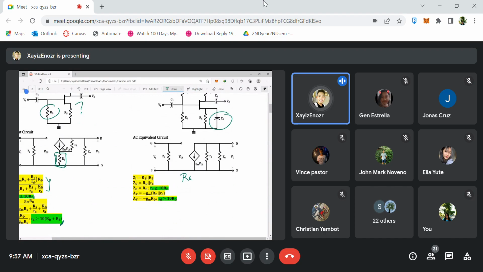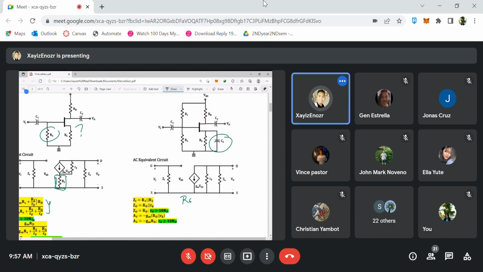Ano ba yung Rg natin? Yung resistance sa gate terminal. Since voltage divider siya, kukunin mo yung equivalent resistance. Pag ginamit equivalent resistance niyan, you just simply getting the parallel equivalent resistance ng dalawang resistance sa voltage divider sa gate.